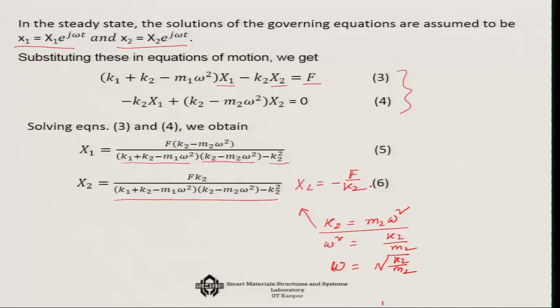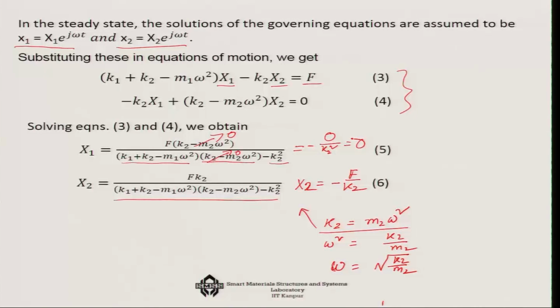So, there is a displacement in the secondary mass X2, but what is going to happen to the primary mass? If I apply k2 minus m2 omega square equal to 0, this will be 0, this will also be 0. So, it will become 0 minus 0 over k2 square, which means it will be 0.